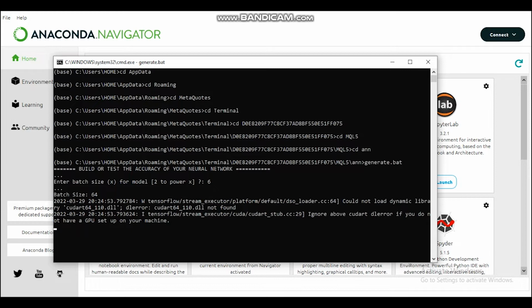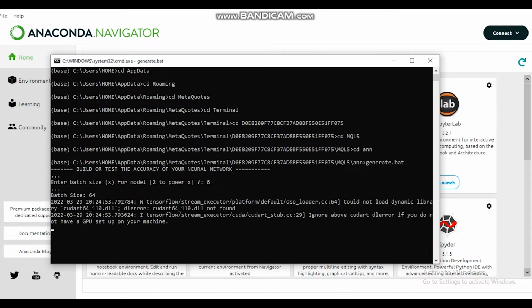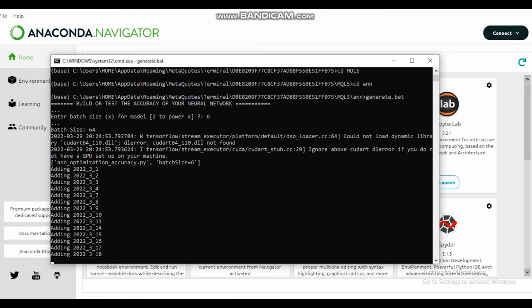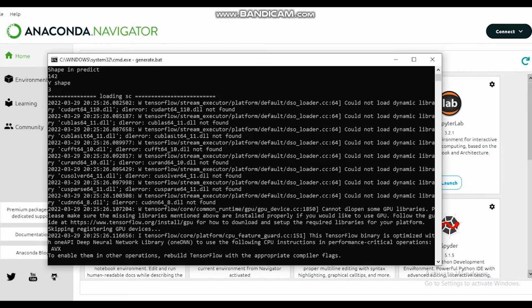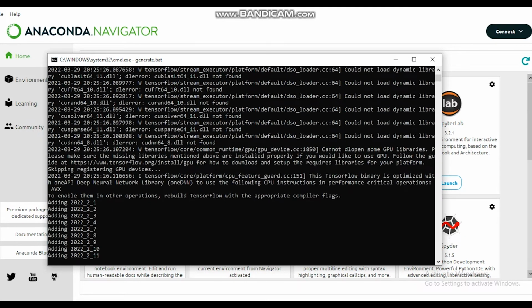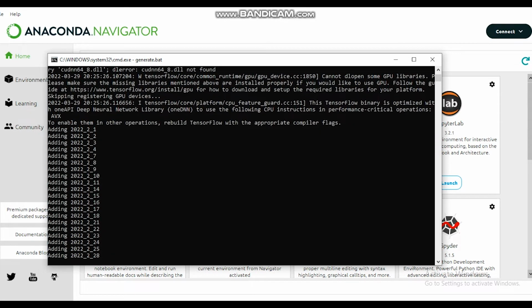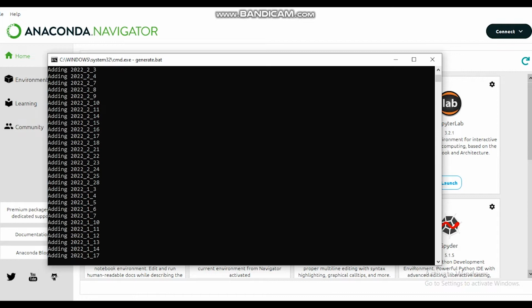create the artificial neural network. So it adds all the data for the specified period.